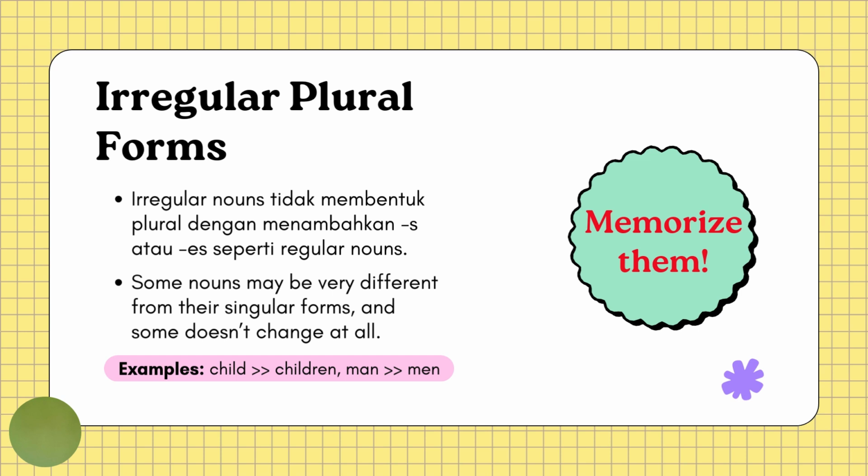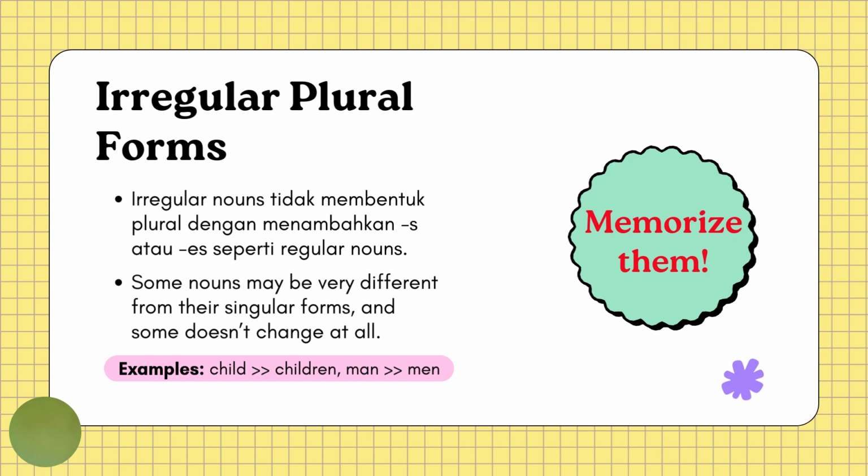So if regular nouns, you just add s or es, but for irregular, you don't do that. Okay, they will be changing, and the change might be very different from the singular forms, or even doesn't change at all. Yeah, it should be some don't change at all because this is subject for agreement. Sorry, I forgot to fix that.